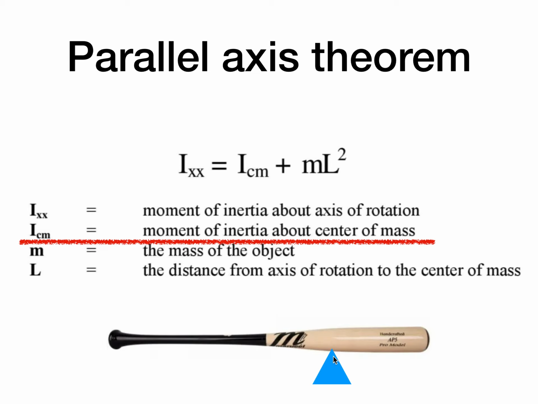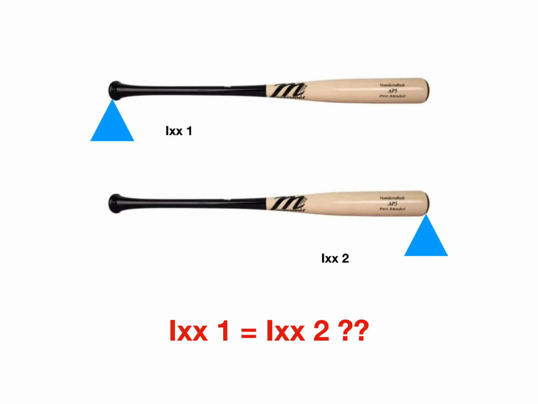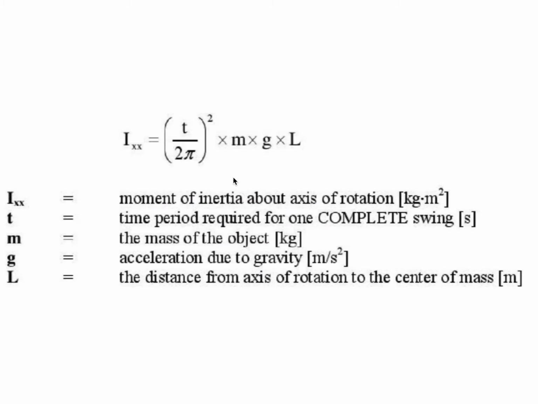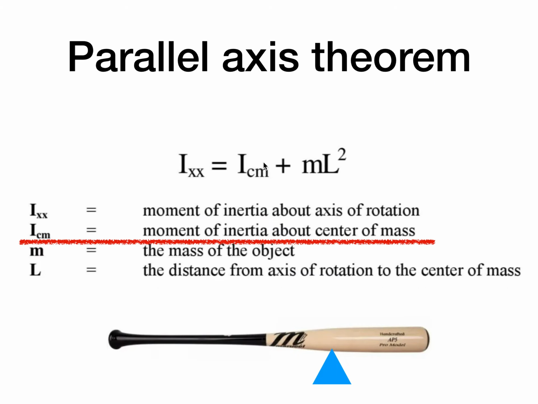And why is it important? Because for this equation, usually we'll get ICM, and then we can shift the axis of rotation anywhere. And it's pretty easy to calculate. You don't need to use the first equation again. You just get ICM, which is consistent in each object, and then you know the length from COM to the axis of rotation you want to shift to, and then put it into the equation, and you get the moment of inertia about the axis of rotation that you're interested in.